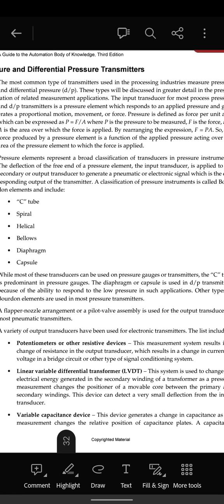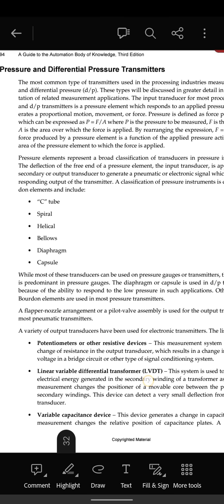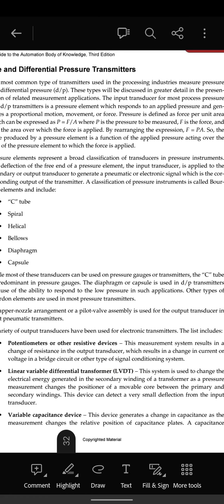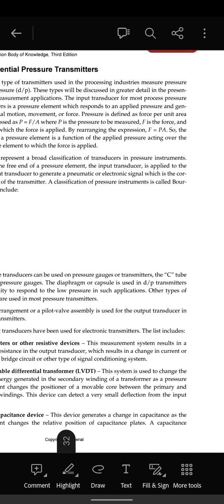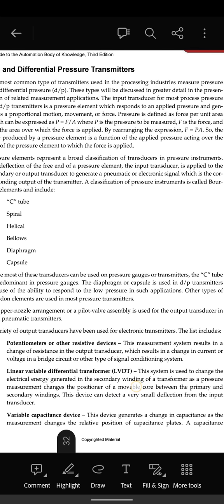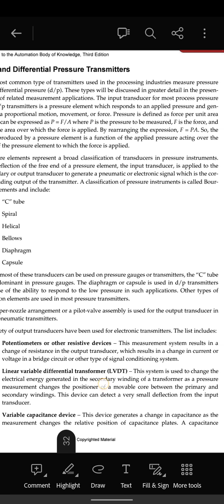Linear variable differential transformer, LVDT. This system is used to change the electrical energy generated in the secondary winding of a transformer. As the pressure measurement changes, the position of a movable core between the primary and secondary windings changes.